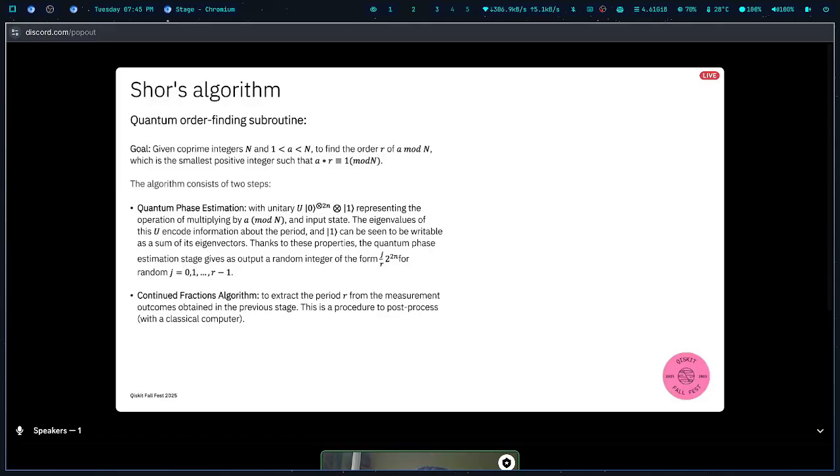So now we can represent the operation of multiplying by A modulus n. How can we do this? We can apply again that rotational gate and say n is going to be this, so A modulus n will be this phase.